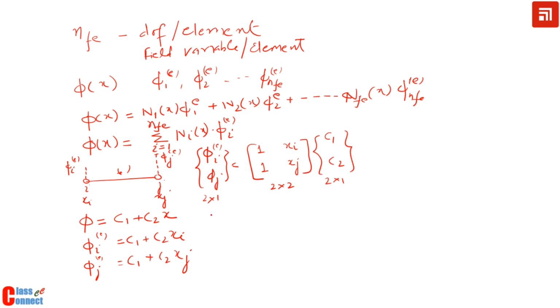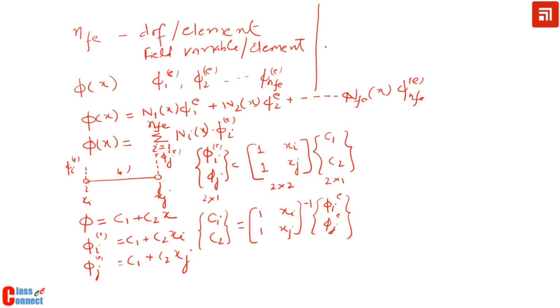So C1 and C2 is equal to the inverse of this matrix, 1 xi 1 xj, all inverse, multiplied by phi i and phi j. The inverse of this matrix we can write down directly, but let us first introduce the method of calculating the inverse of any matrix.